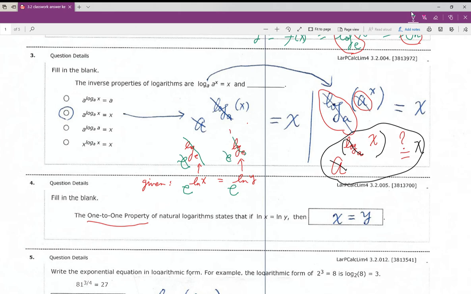So this one and this one are inverse functions. This one and this one are inverse functions. So what do we have left? x equals y. So this is number 4.